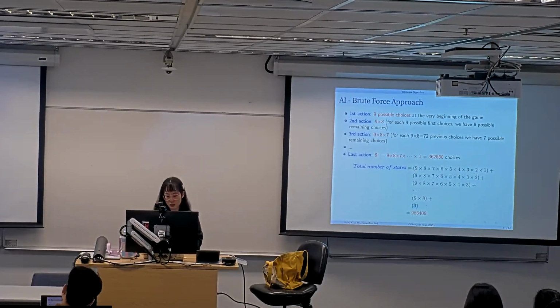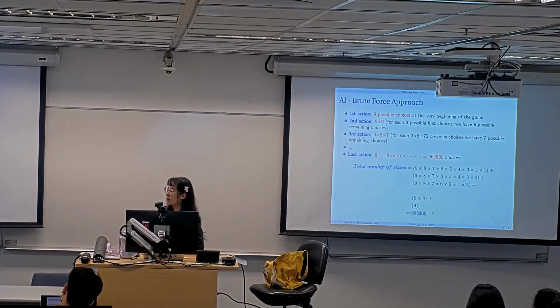In total, we find that in this game tree, excluding the root node, so here we didn't count the root node, but of course it's okay if you add another one, it doesn't matter so much, the total number of non-root nodes in this game tree is about 986,000 nodes.